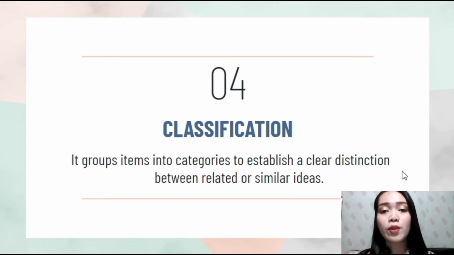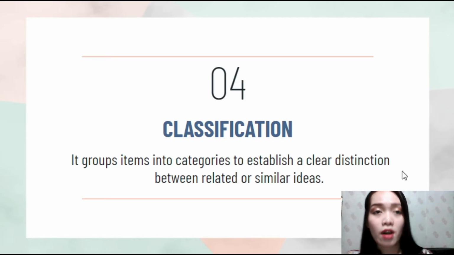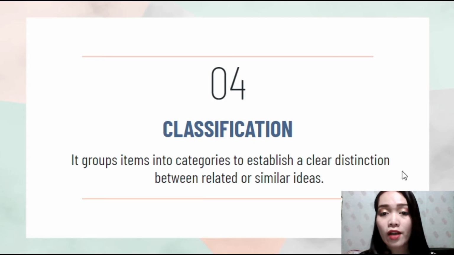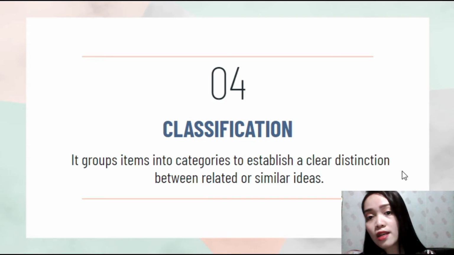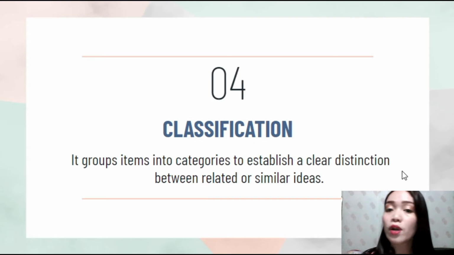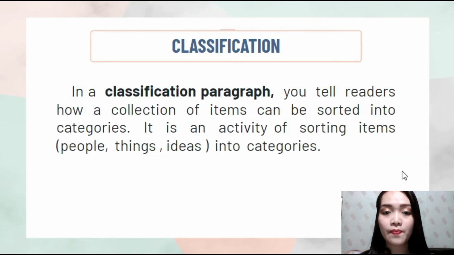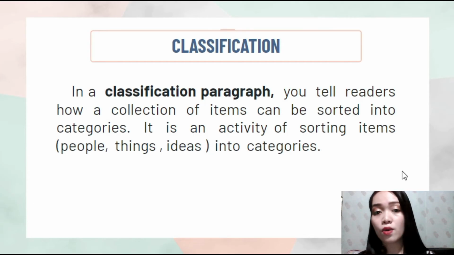Next, let's proceed with classification. It groups items into categories to establish a clear distinction between related or similar ideas. From the word itself, classification, you are classifying things, you are categorizing things, you are grouping them into their kind. Now, in a classification paragraph, you tell readers how a collection of items can be sorted into categories.